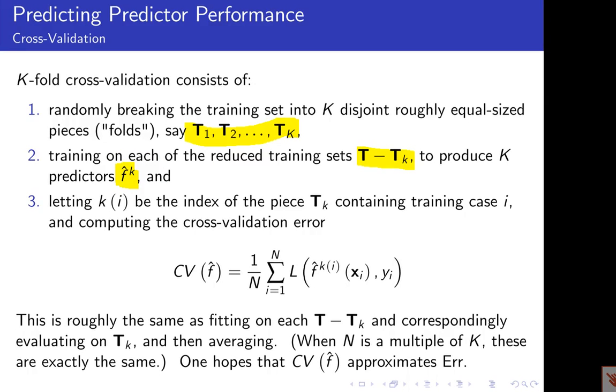So I'll have a T1 that gets left out to make f hat 1, T2 that'll get left out to make f hat 2, and so on.